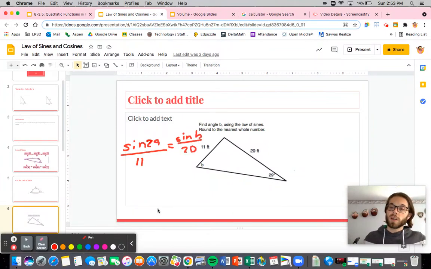So I have to solve for B eventually. I know that 11 times sine of B is equal to 20 times sine of 29. I'm going to divide by 11.